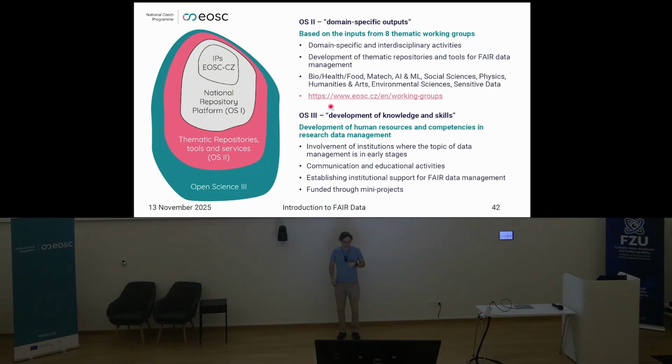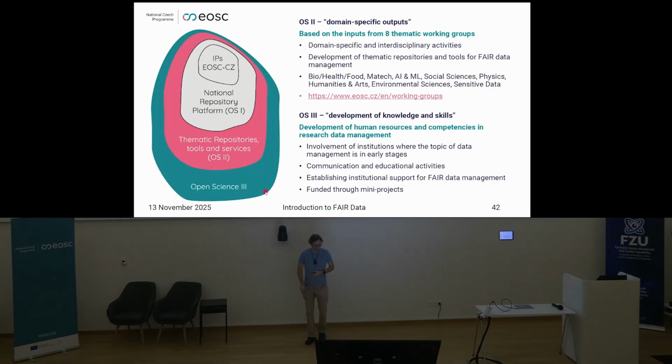And in a few months, the Open Science 3 project call will be focusing on development of knowledge and skills. That means more or less providing support for people working with the repositories and supporting research in the particular area.